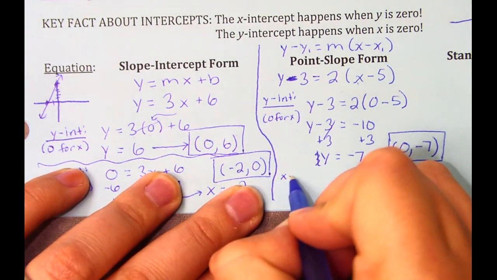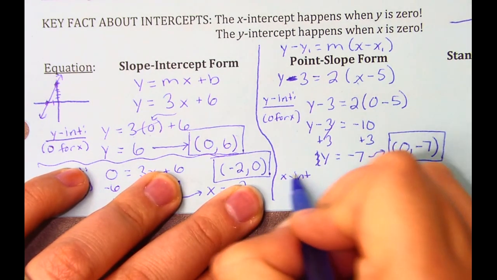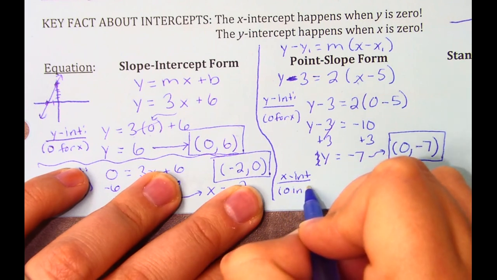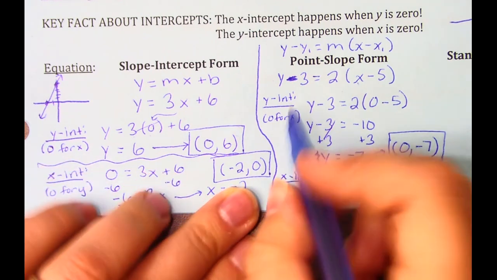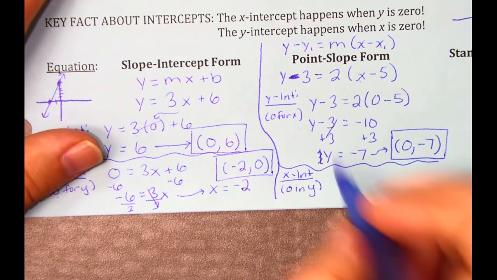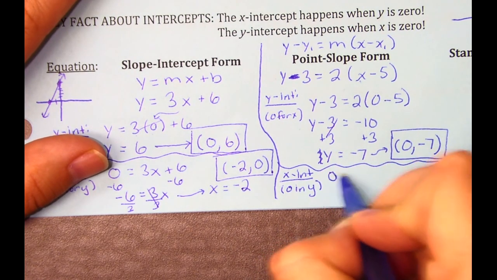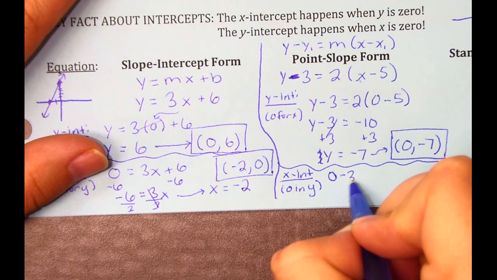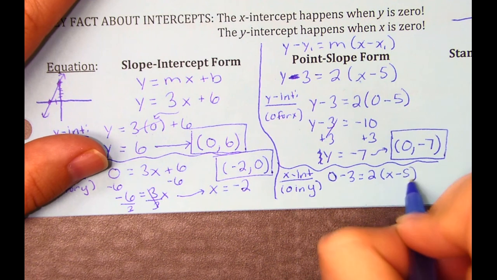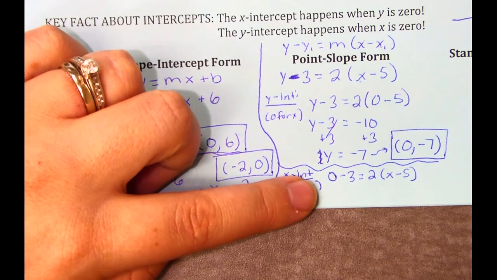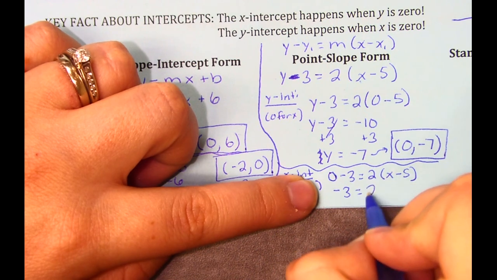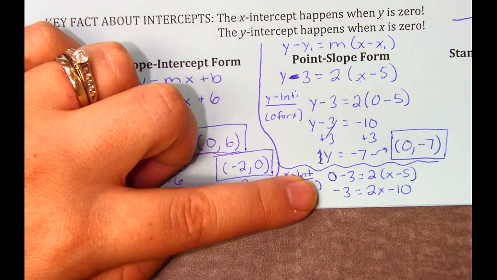Now the x-intercept happens if I put 0 in for y. So now I'm going to say 0 minus 3 equals 2 times x minus 5. So I have negative 3 equals, if I distribute, 2x minus 10.